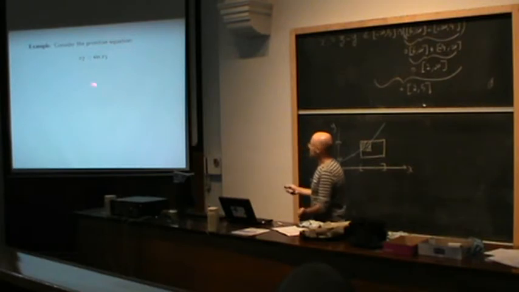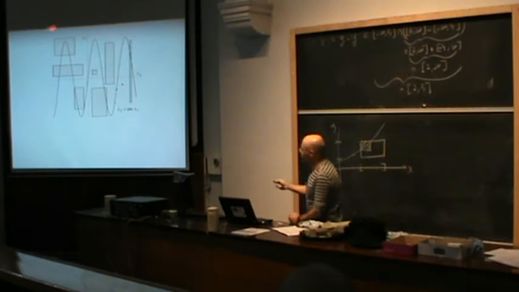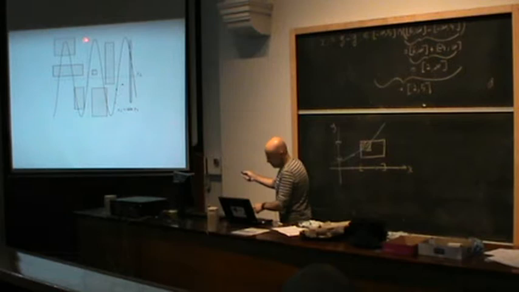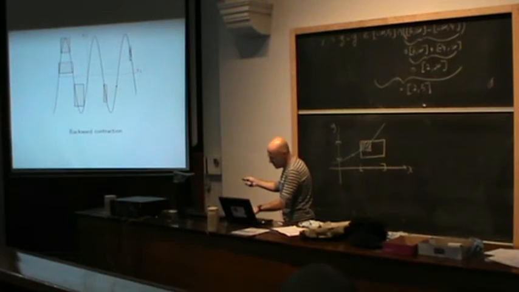For instance, here I have a primitive equation. The corresponding contractor is represented graphically here. Before, I will contract first with respect to x2, and then to x1. So there are two steps.